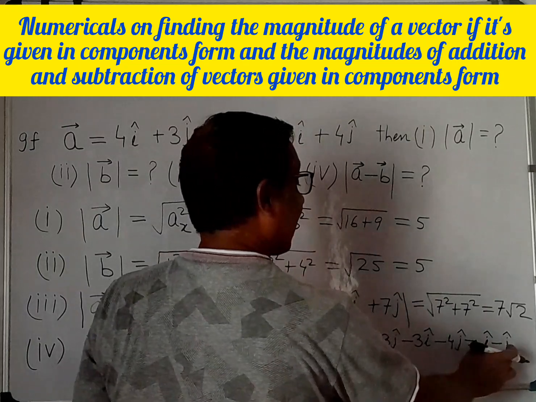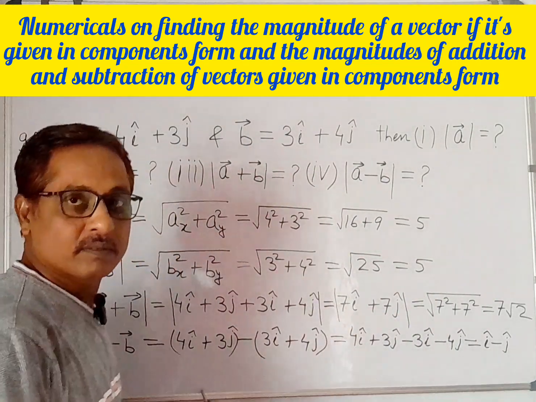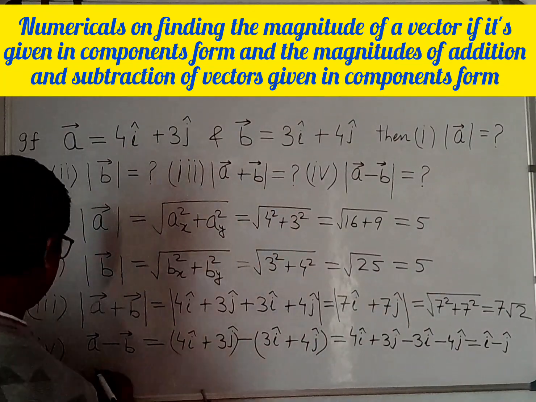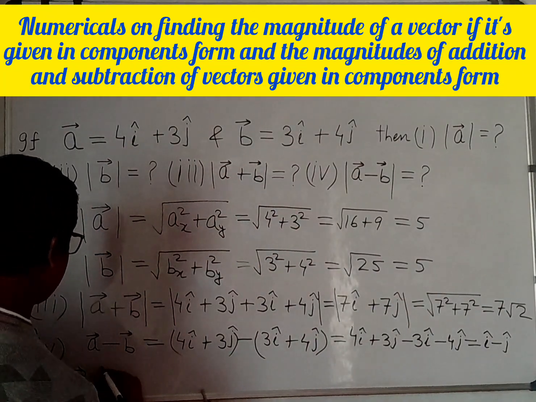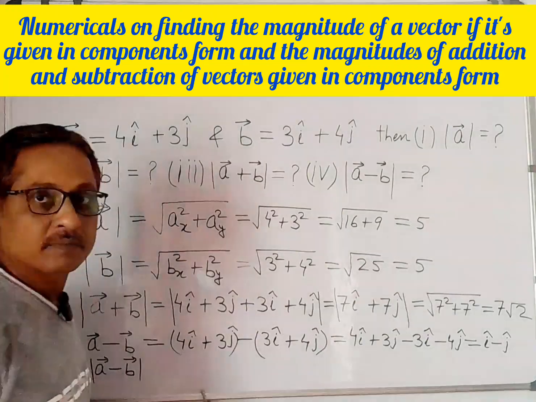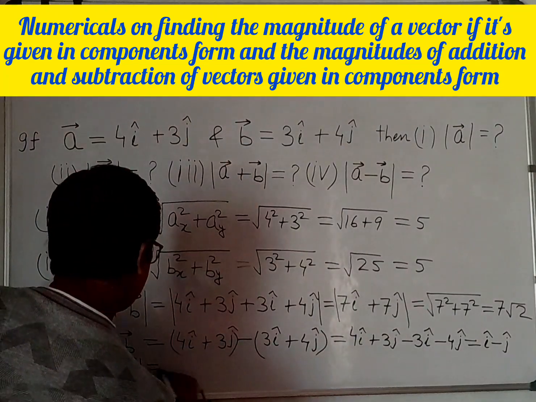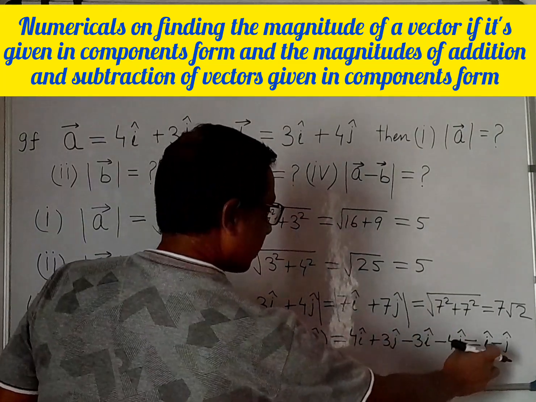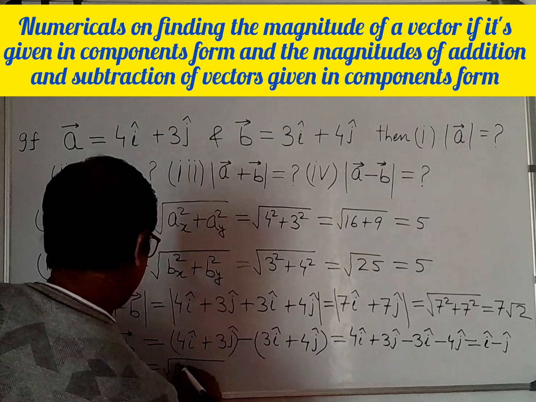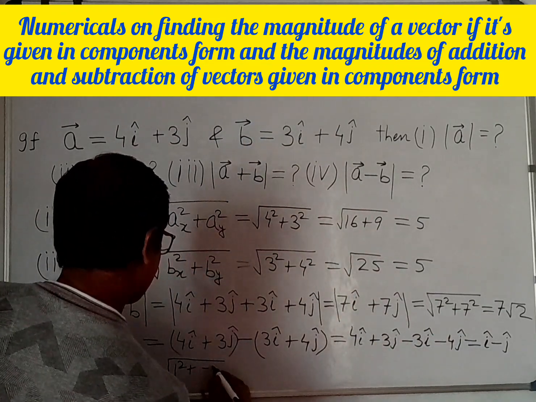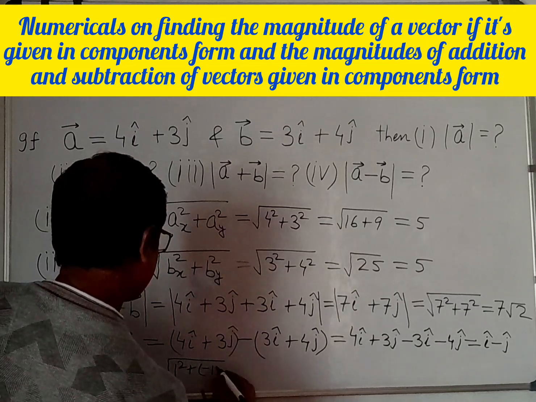So both i hat and j hat are unit vectors, we all know. So the absolute value of A minus B, we can write the magnitude of vector A minus B, is the absolute value of A minus B, and it will be equal to, going by the same formula, square root of 1 square add minus 1 square.